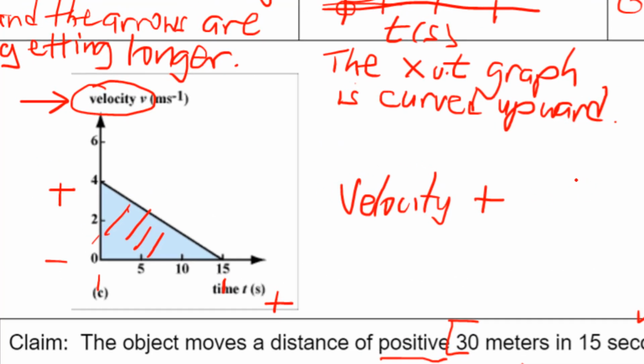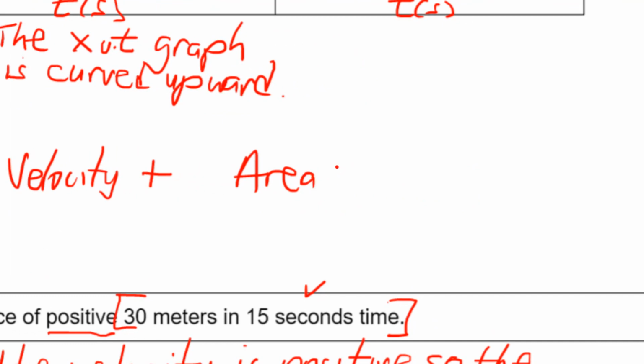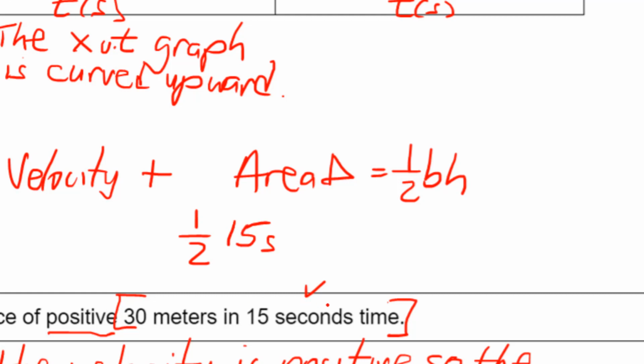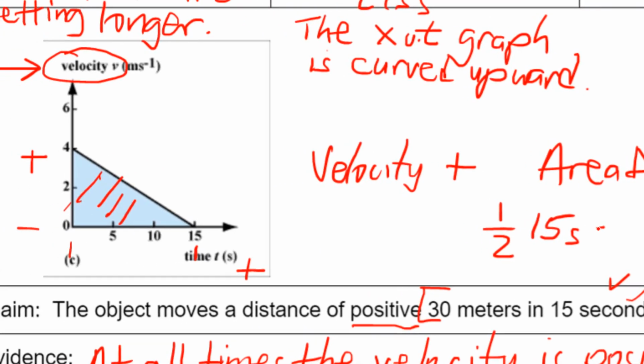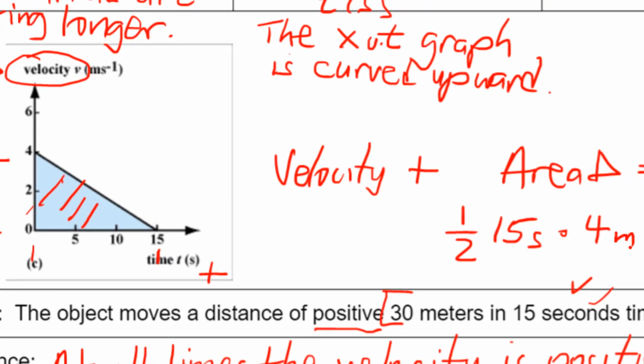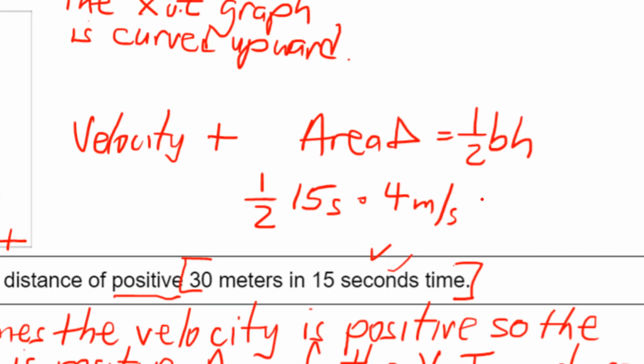The area of a triangle is equal to 1/2 base times height. Let's put in our numbers here. So we'll say it's 1/2 the base, 15 seconds, and our height in this case is 4 meters per second. 15 times 4 times 1/2 is equal to 30 meters.